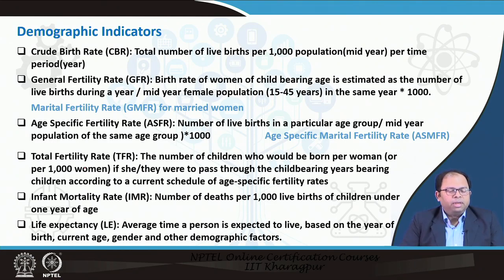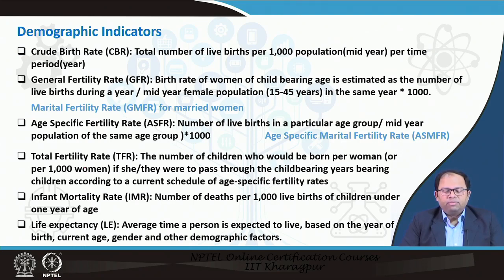Now, similar to general fertility rate, we also have marital fertility rate, where only married women are considered. Then comes age specific fertility rate (ASFR), which is the number of live births in a particular age group per mid-year population of the same age group, multiplied by 1,000.